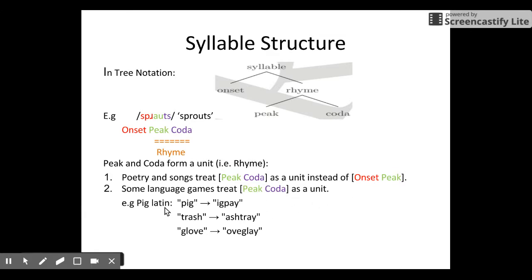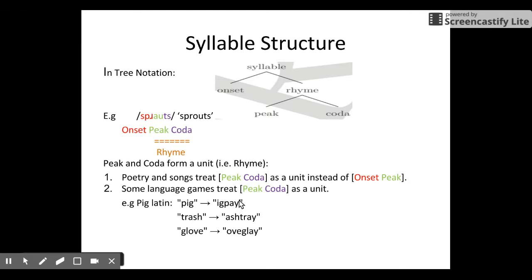For example, Pig Latin. So Pig Latin is that we remove the second part of the word and we move it to the initial position of the word. Okay, so I'm using part as a very vague word, but here part turns out to be rhyme. Pig would be igpay.